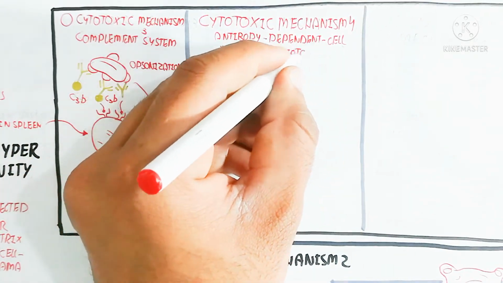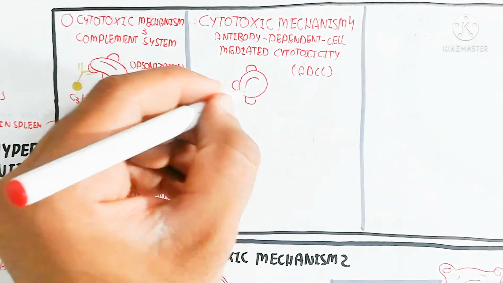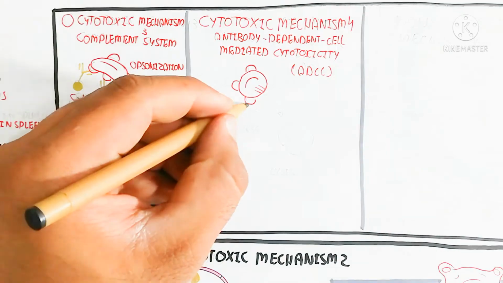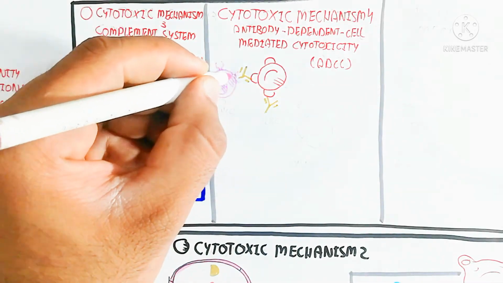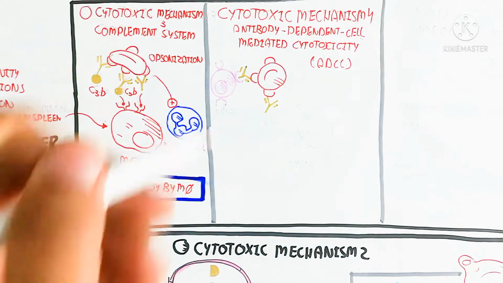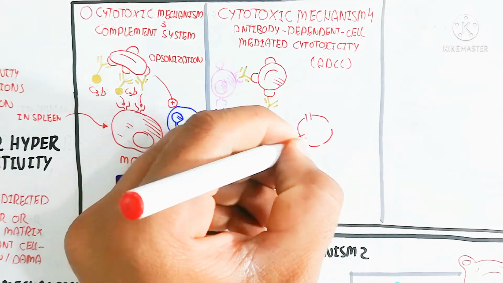Cytotoxic mechanism 4 involves antibody-dependent cell-mediated cytotoxicity, ADCC. In this mechanism the natural killer cell is involved, and the natural killer cell will recognize the Fc portion of the antibody in the antibody-antigen complex, which will lead to cell lysis.